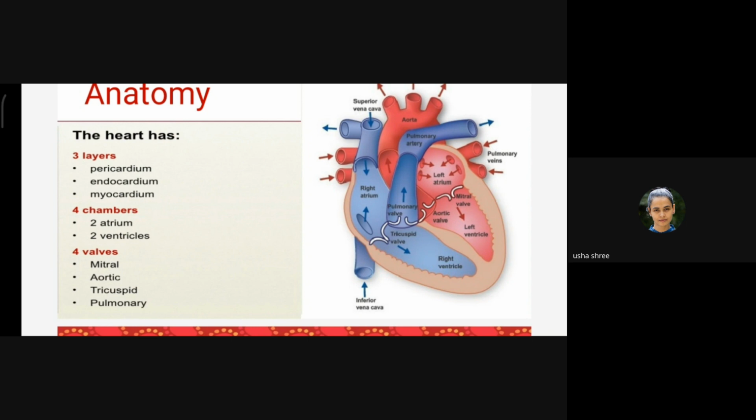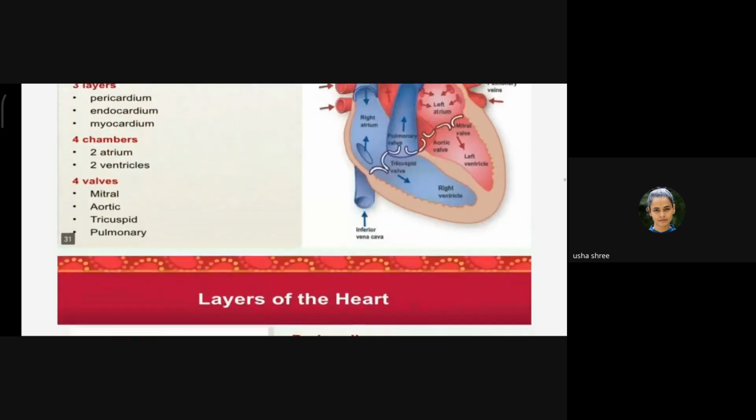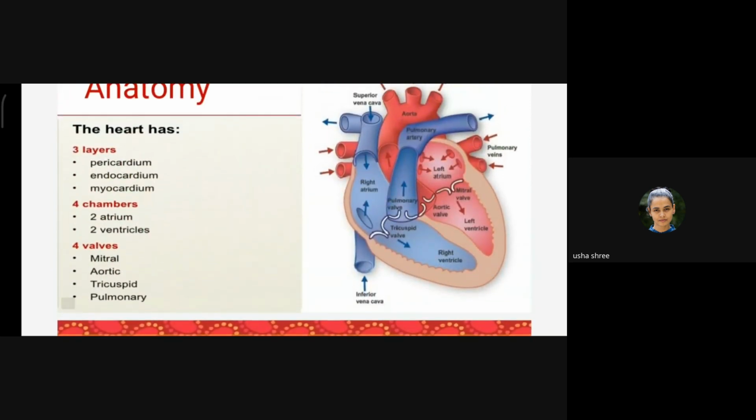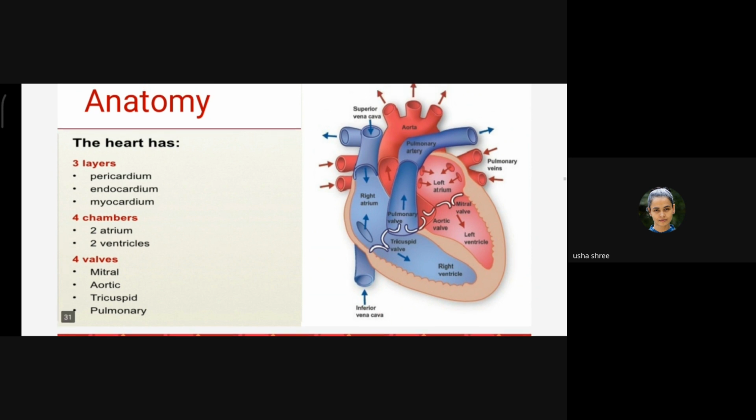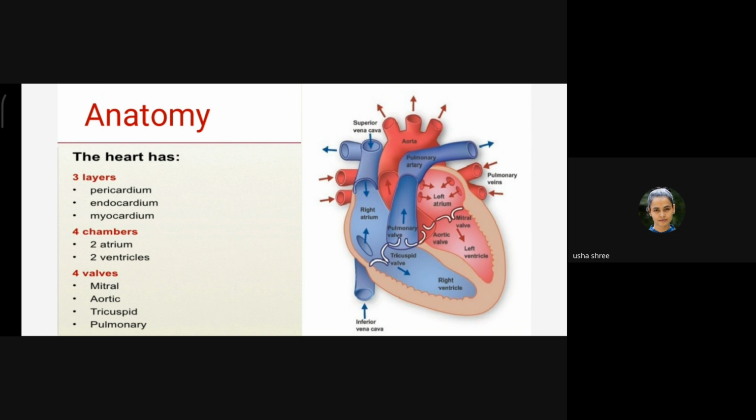What is the biggest valve in the body, ma'am? Biggest, thickest valve in the body? Are you asking about a vessel or a valve? Valve. I don't know about the valve because valves are not only present in the heart.